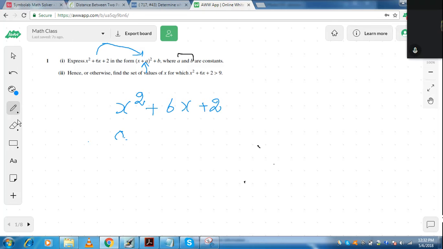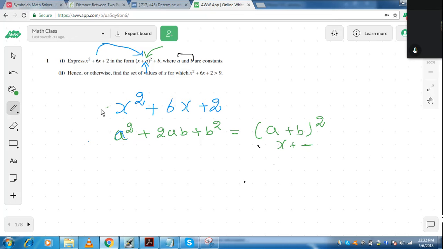So this is a square, and we need to get 2ab plus b square. If anything is in this format, then we can write it in the form of a plus b whole square, right? That is what they are telling. So a is x here, b is some value, we don't know that value.